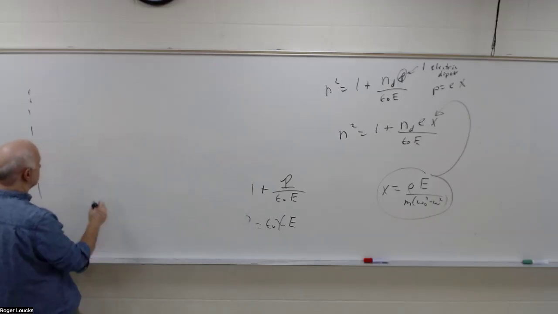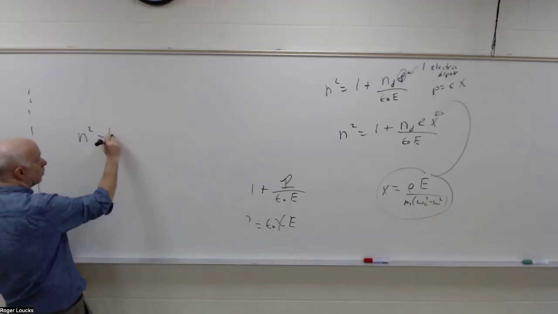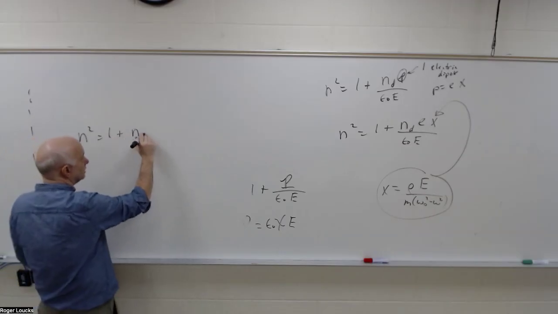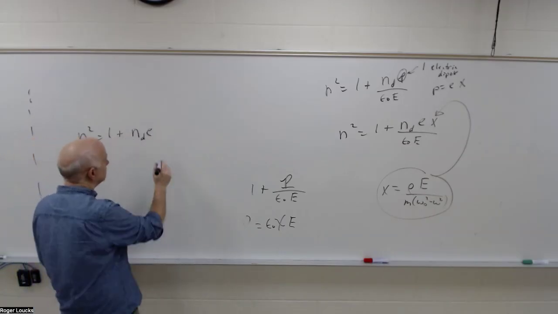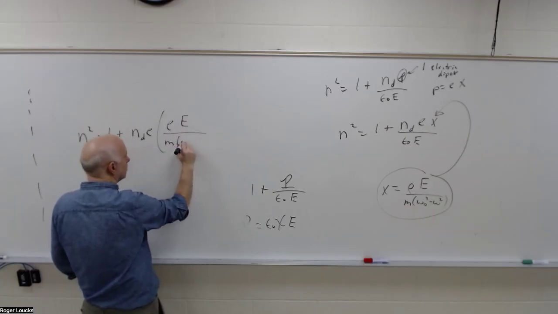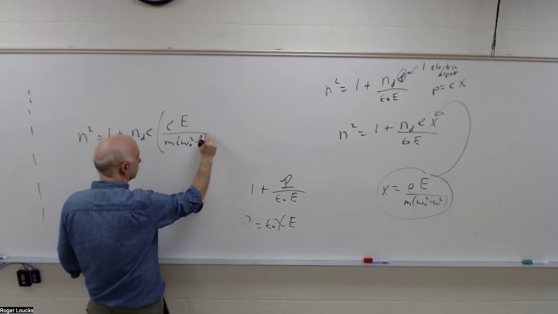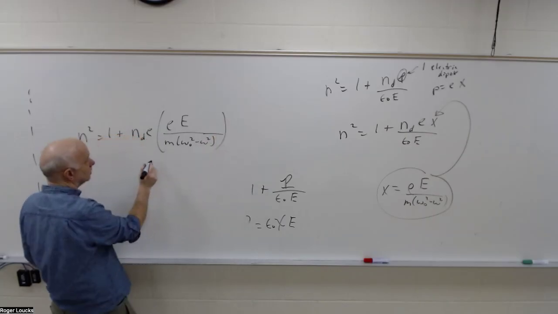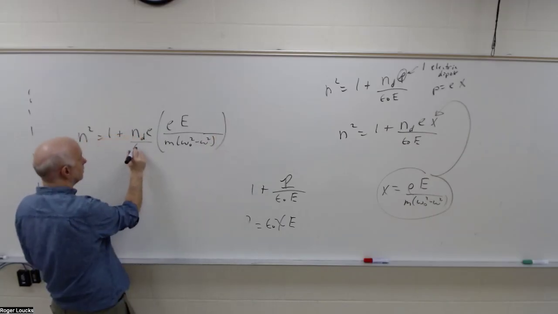Okay, so that gives me n squared equals 1 plus N d e over e, and omega naught squared minus omega squared, all over epsilon naught.